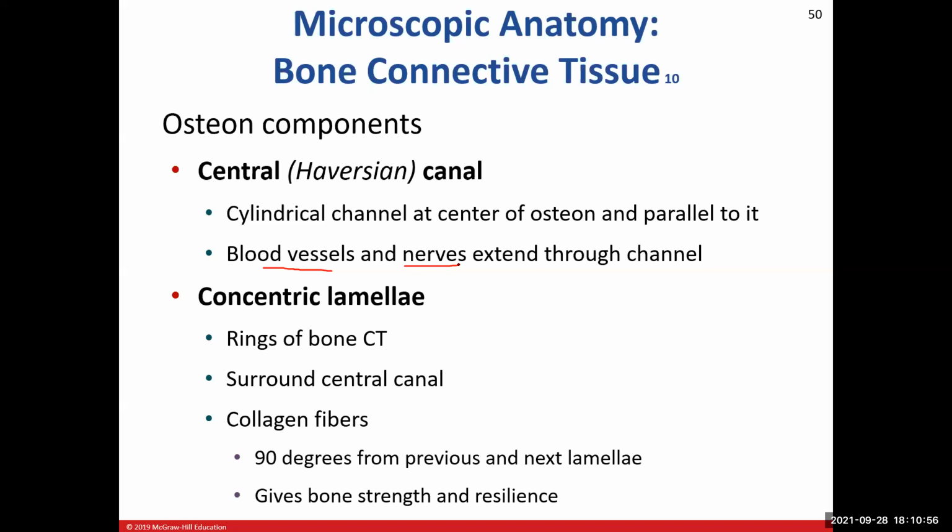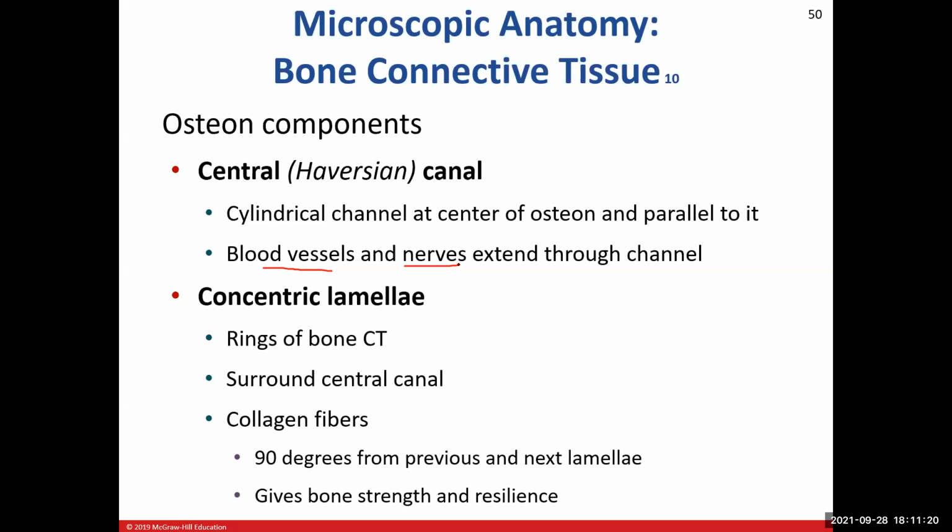So around the central canal, we're going to have rings. So if you've ever seen a tree cut down, if you look at the stump there, you'll see much like a tree, right? The tree has rings for every year of growth. Well, our bone connective tissue also has rings, and it's not correlated to every year of growth, so it doesn't work like that.